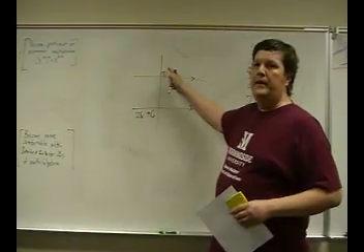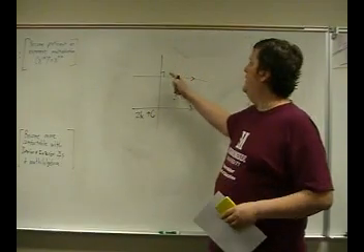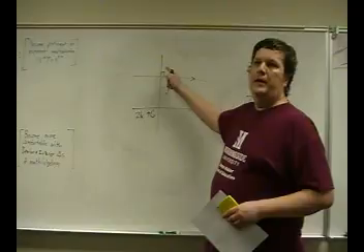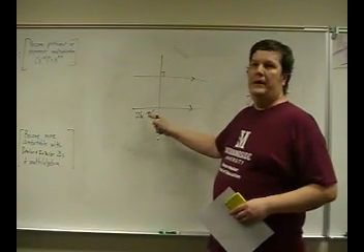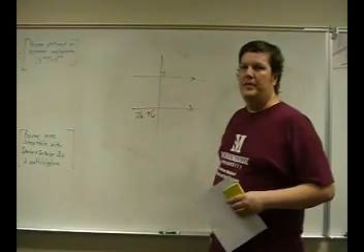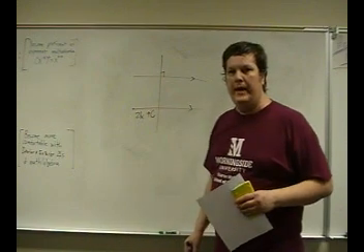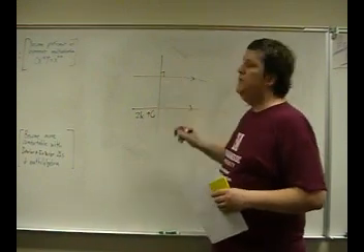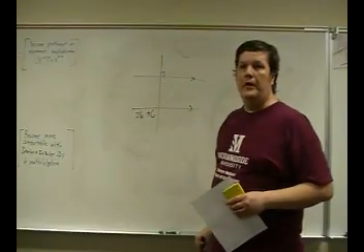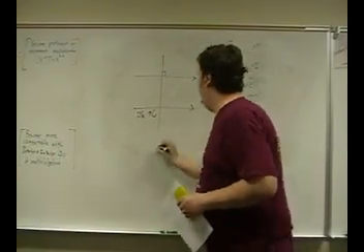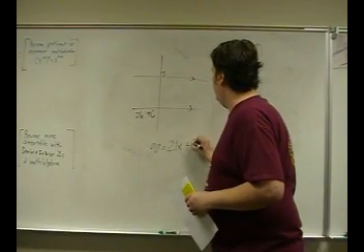This one is definitely 90 degrees. It's on the outside of the parallel line, so it's an exterior angle. The next exterior angle that I have is on the opposite side of that. So these two are going to be alternate exterior angles. Because we know that these two lines are parallel, that means that this angle and this angle are equal to one another. So that means 90 equals 21x plus 6.